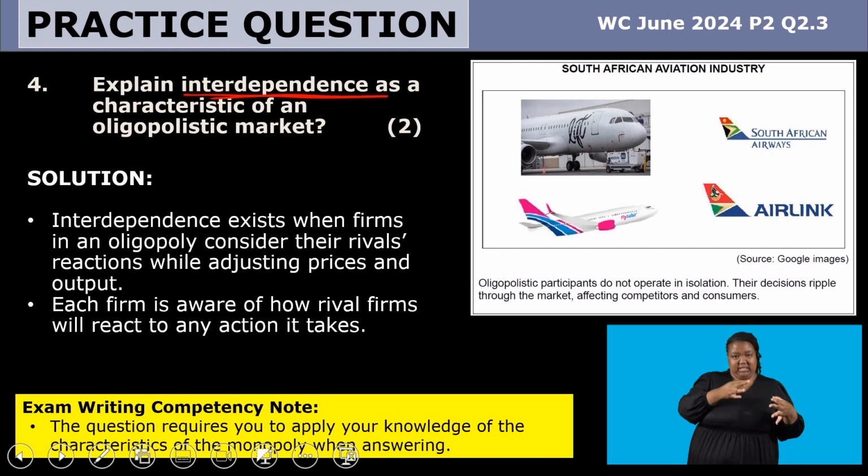before a firm makes a decision, it will have to consider the actions that are going to be taken by the competitors. A good example is that before a firm decides to increase the price of its products, it has to consider the likely next move by the other competitors.